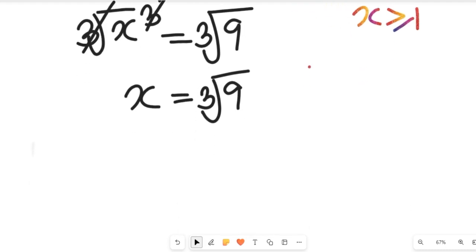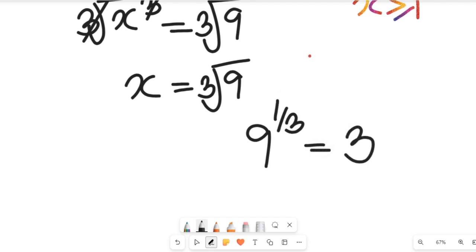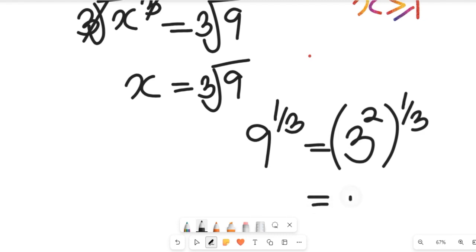The cube root of 9 can also be written as 9 to the power of 1 divided by 3. And remember, 9 to the power of 1 divided by 3 can be equal to 3 squared multiplied by 1 divided by 3. So this can be equal to 3 to the power of 2 divided by 3.